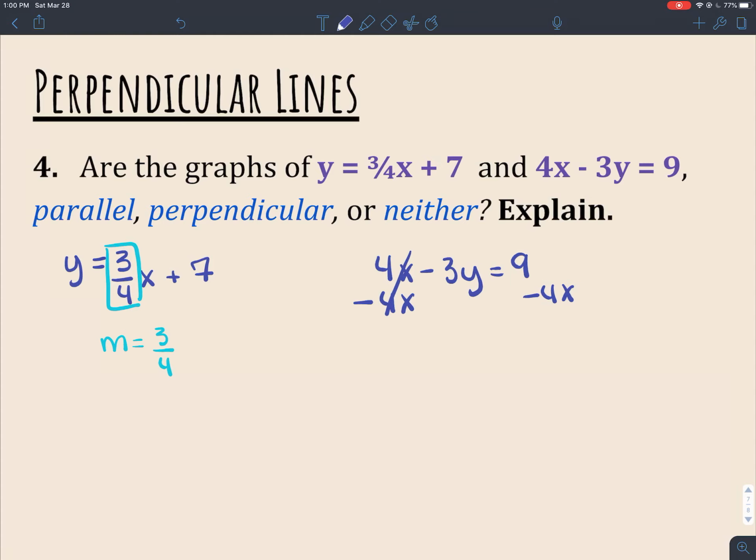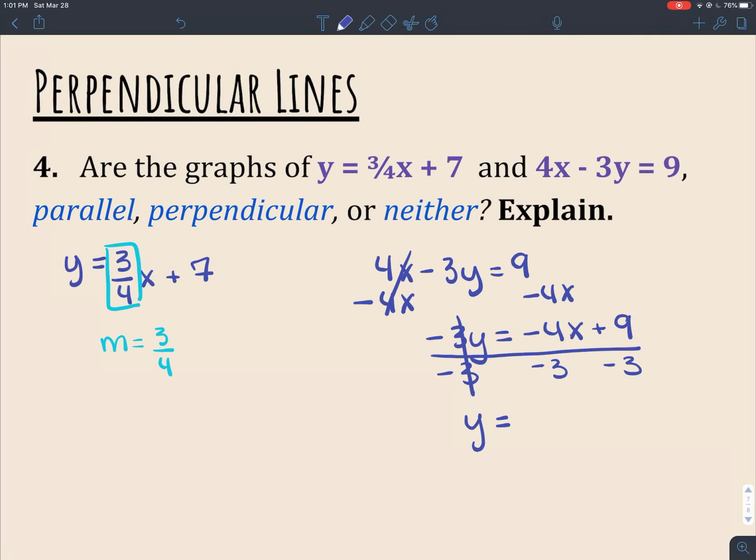So first thing we need to move is the 4x, which we're going to subtract. The left side will cancel, and we're left with negative 3y is equal to negative 4x plus 9. The last thing we need to do for this is divide every single number by negative 3. The ones on the left cancel, so we're left with y.